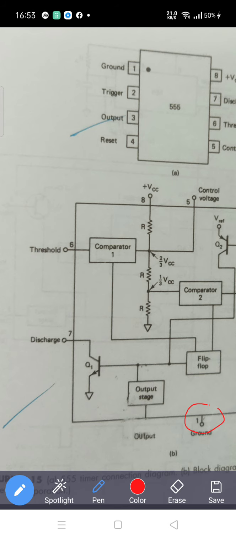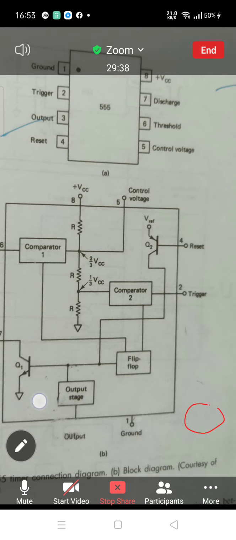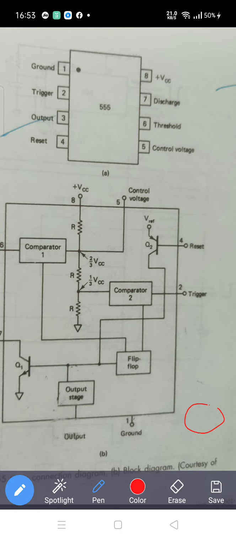One minute, I will show you. This is the trigger, pin number 2. Then pin number 3 will be the output. So the output will be here. Then pin number 4, the reset. So here it will be reset. And it has used two transistors, Q1 and Q2.